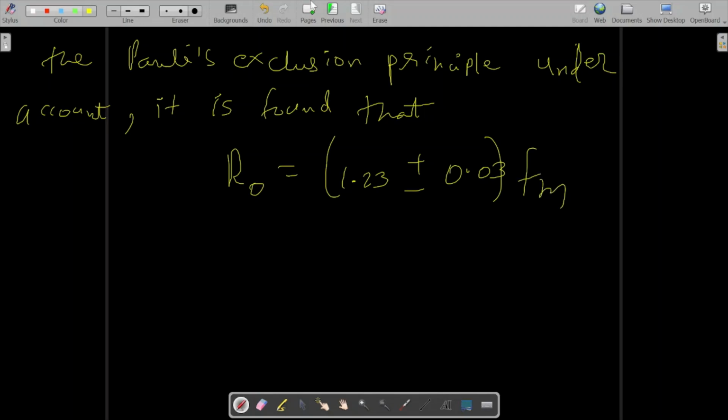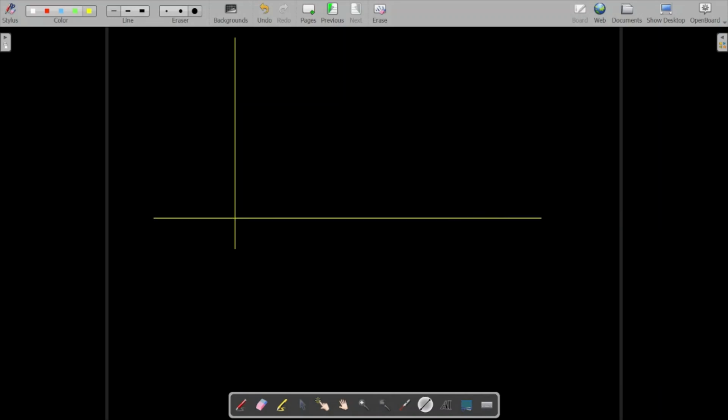And how does the graph look? The graph looks something like this. This is a straight line, by the way. The graph goes like this.